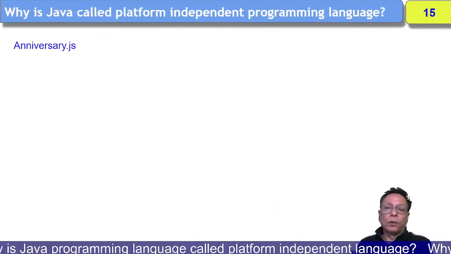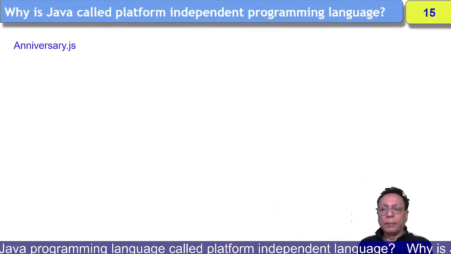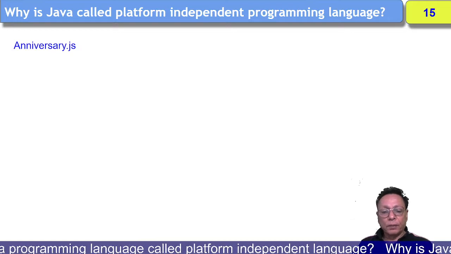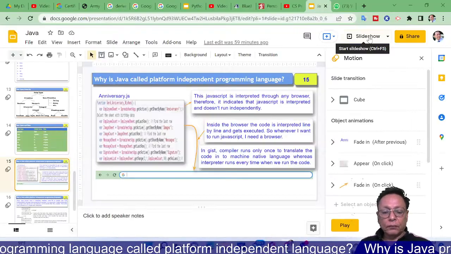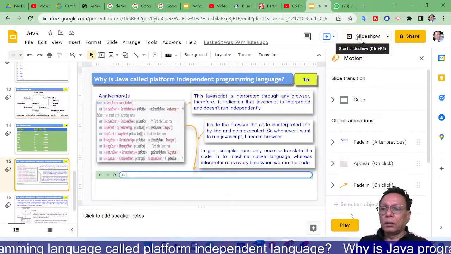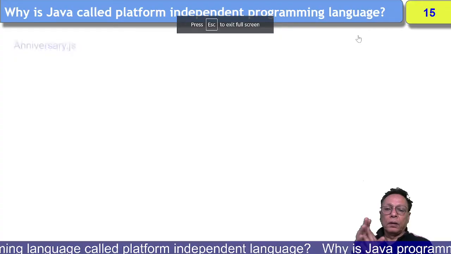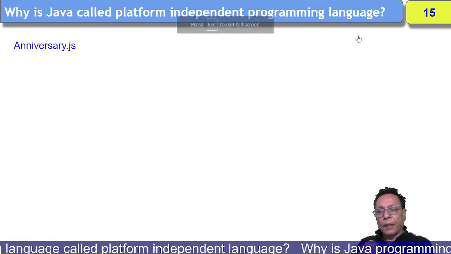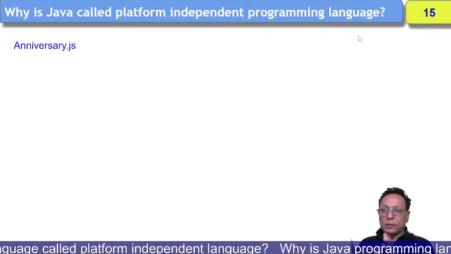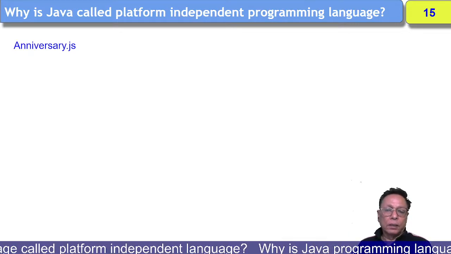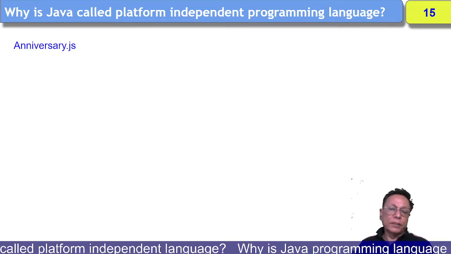Why is Java called a platform independent programming language? I hope you must have seen the browser, since you are working on a system where a browser is there.